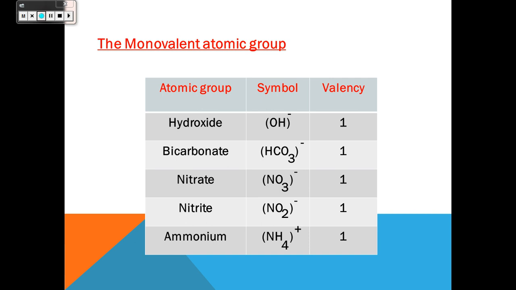And the last one is ammonium. Ammonium is NH4. It consists of two different elements, nitrogen and hydrogen. They join together and behave like one atom, and the valency of ammonium is also 1. So the monovalent atomic groups are hydroxide OH, bicarbonate HCO3, nitrate NO3, nitrite NO2, and ammonium NH4.